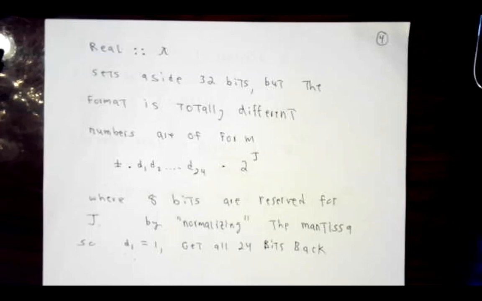If you do that, you suddenly realize you don't actually have to store d1 because it's always going to be 1, which means d1 has become an abstract thing, which is always 1. And then you use these 23 digits that you've got, and magically you've got 24 binary digits back again. It's a very clever trick.